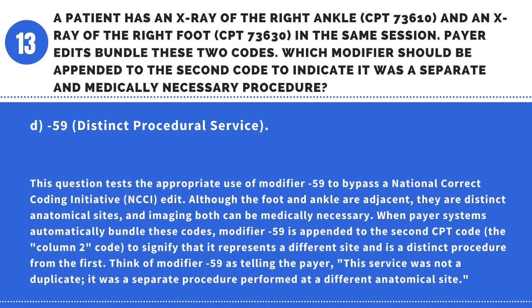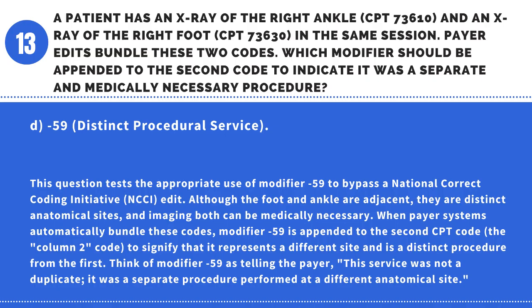Answer: D. -59, distinct procedural service. This question tests the appropriate use of modifier -59 to bypass a National Correct Coding Initiative (NCCI) edit. Although the foot and ankle are adjacent, they are distinct anatomical sites, and imaging both can be medically necessary.